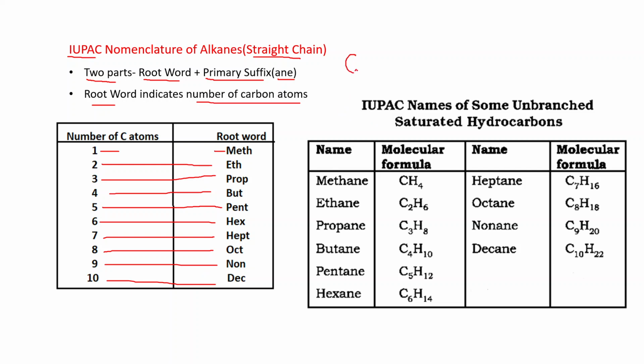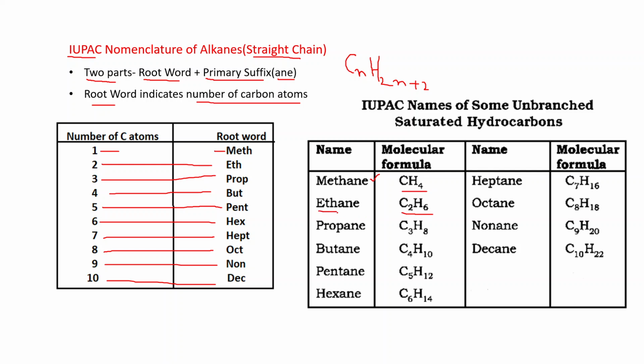And if we put this value of n into the formula CnH2n+2, then we will get the molecular formula of these alkanes. If n is equal to 1, this is CH4 and this is methane. If n is equal to 2, this is C2H6, ethane.